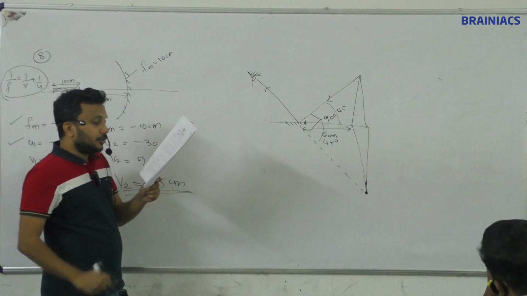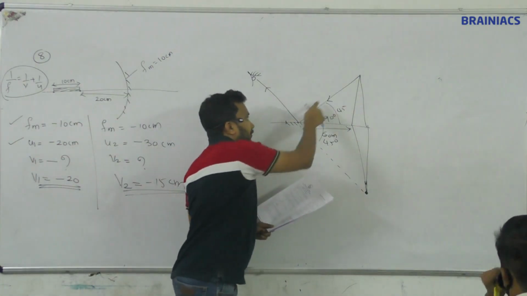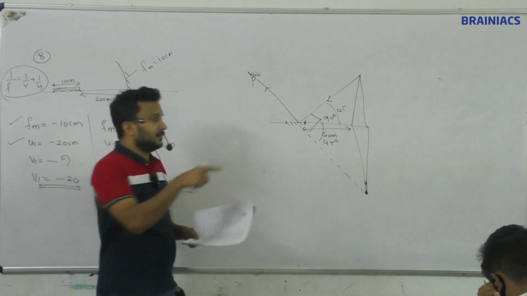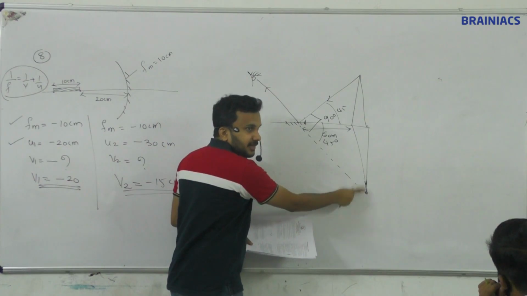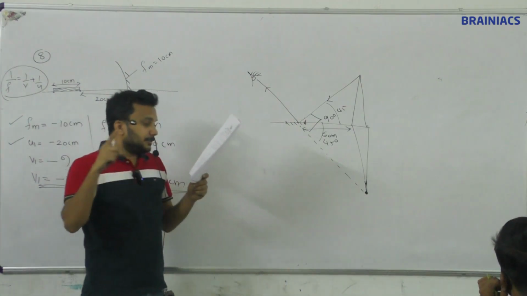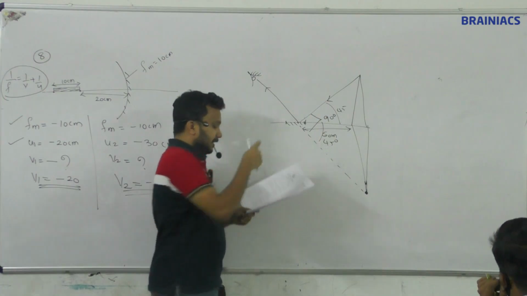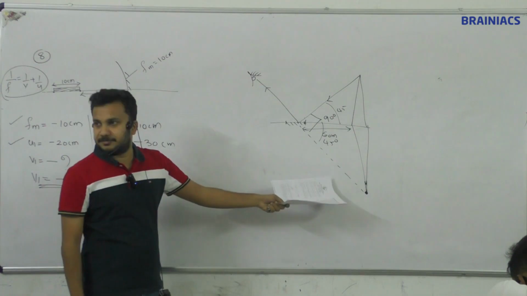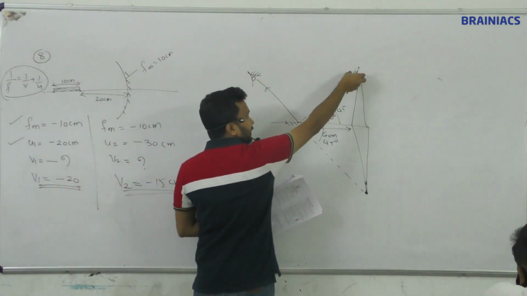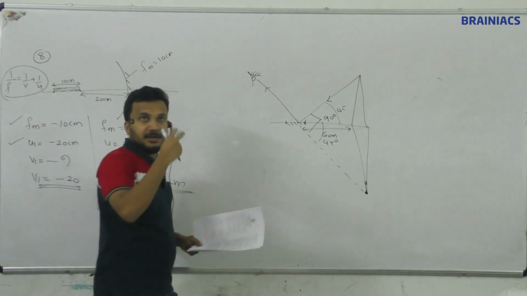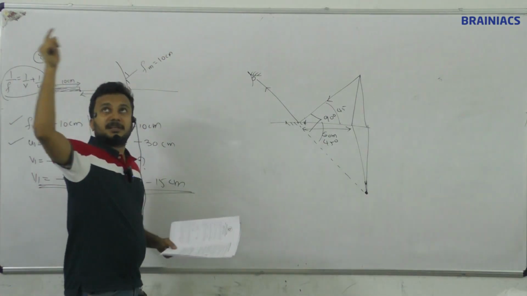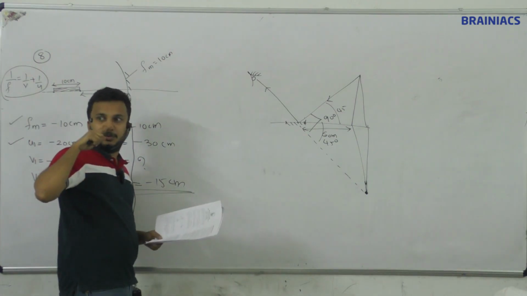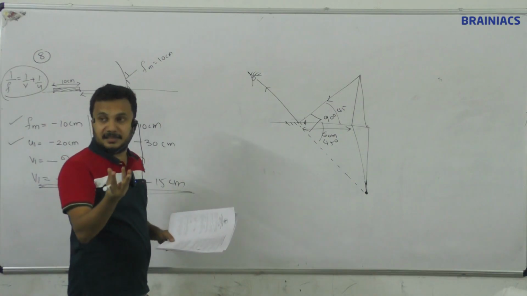Read the sentence about the angle: the top of the tower and its image in the mirror are subtended by an angle of 90 degrees with respect to the eye. Because what comes to the eye is the reflection of the image. This is the tower, and these are the rays coming. If you are able to see the top of the tower, it means sunlight is coming and hitting the top of the tower. After reflection it comes to your eye, and only then your eye sees the image.